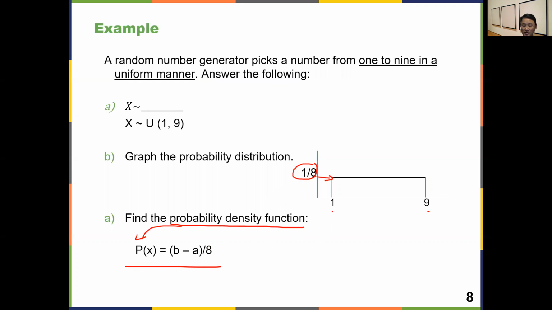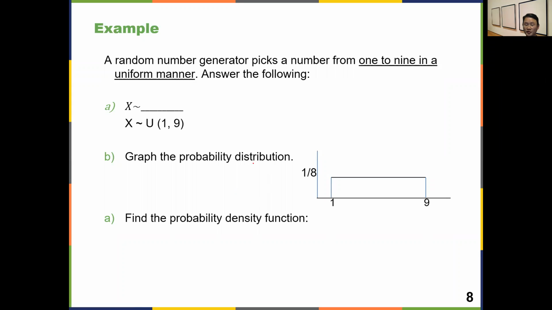So where do they get this 8? Well, this is basically B minus A times this height right here, right? That's the thing. That's the probability density function for this uniform distribution.